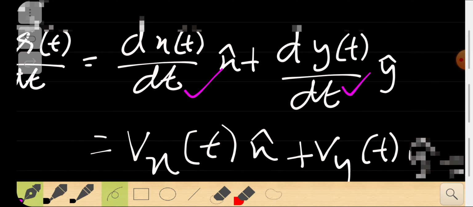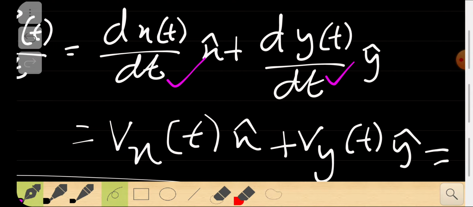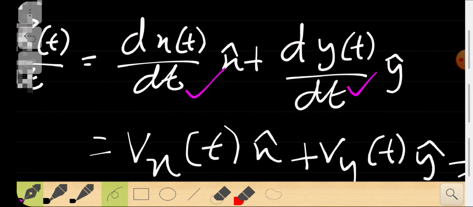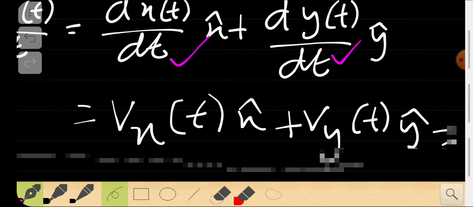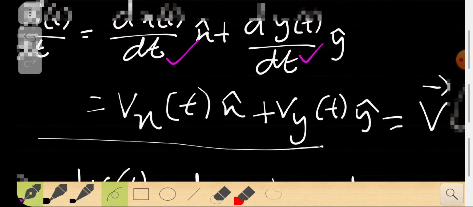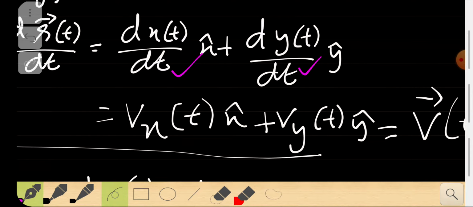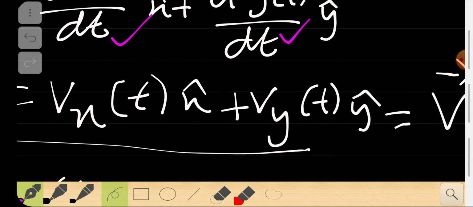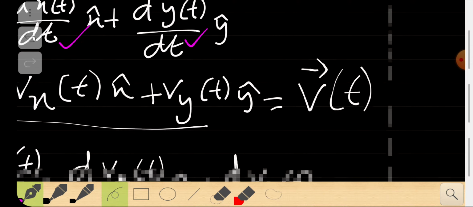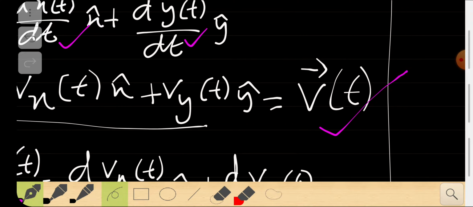So it will be the differential of each of these coordinates. dx by dt will be vx, and dy by dt will be vy. That will give you the velocity vector v of t.